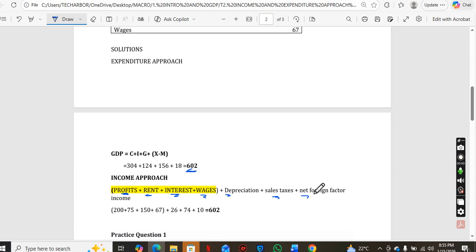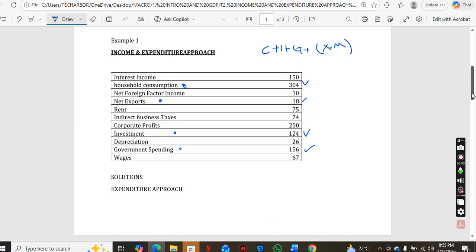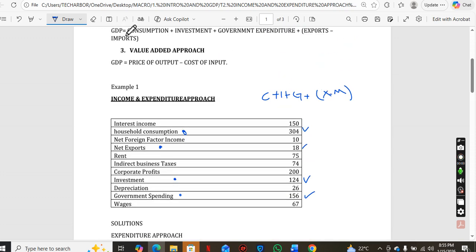If you're a Zambian who's earning dividends from a foreign country like America, those dividends that you're receiving are part of the national income. Basically we're just looking at all forms of income here.